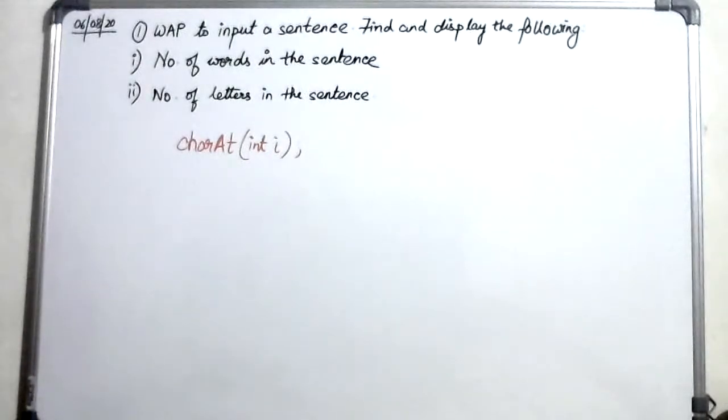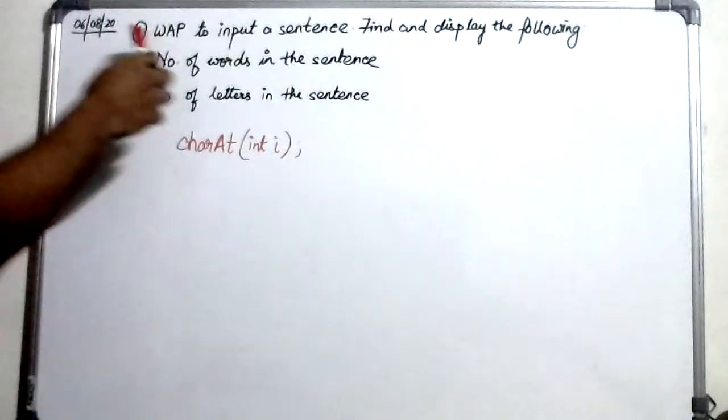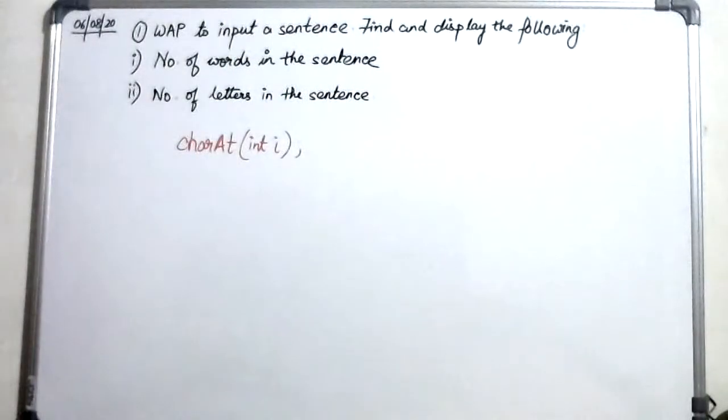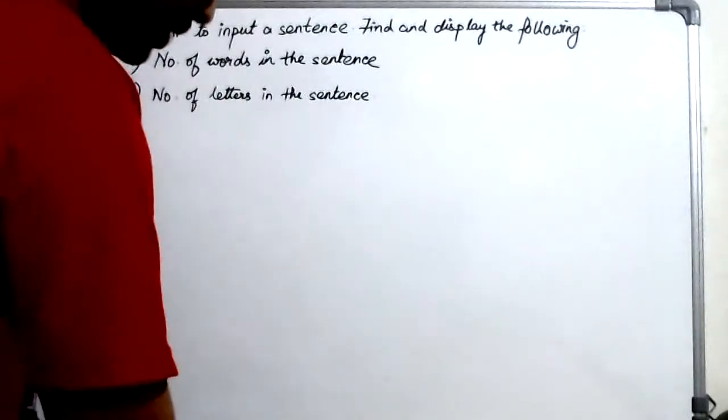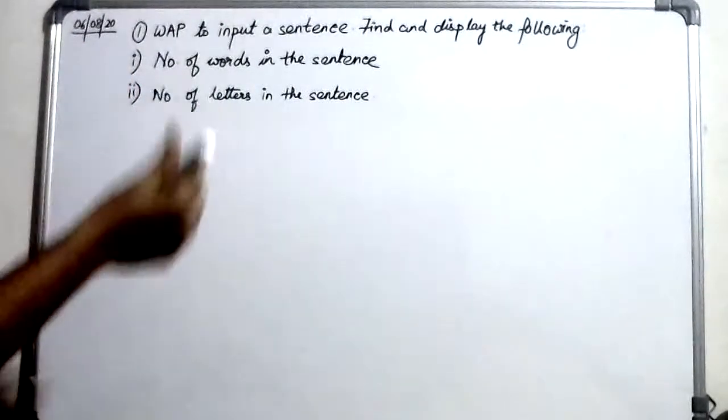Now, since the sentence is a user input, we do not previously know what the length of the sentence would be or how many characters the sentence would have. So therefore, we'll use one more function to find out the length of the string that has been given as an input by the user.